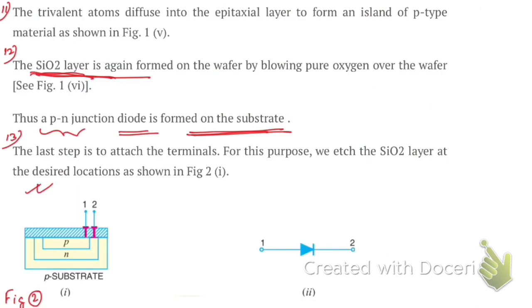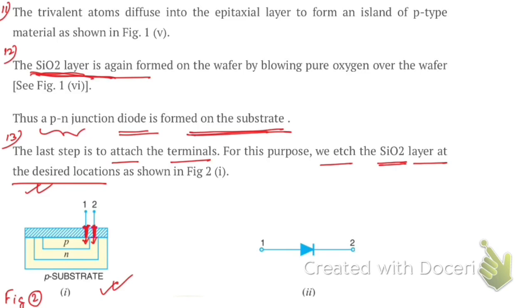The 13th step is here. Attach the terminals. We have to put the terminals, one at p and another at n. For this purpose, we etch the silicon dioxide layer at the desired location. Where you have to put these terminals, from that portion only we have to etch the silicon dioxide layer, and as a result we have got the p-n junction diode, right?